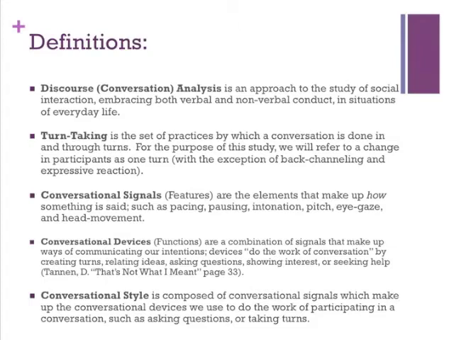Devices do the work of conversation by creating turns, relating ideas, asking questions, showing interest, or seeking help. Conversational style is composed of conversational signals, which make up the conversational devices we use to do the work of participating in a conversation, such as asking questions or taking turns.